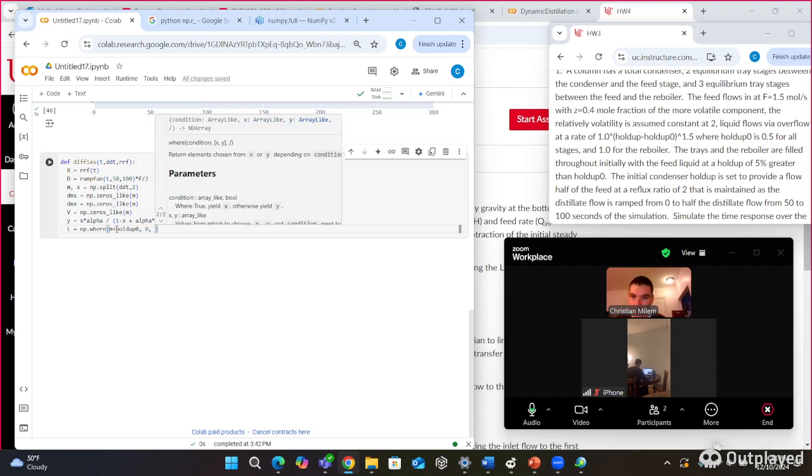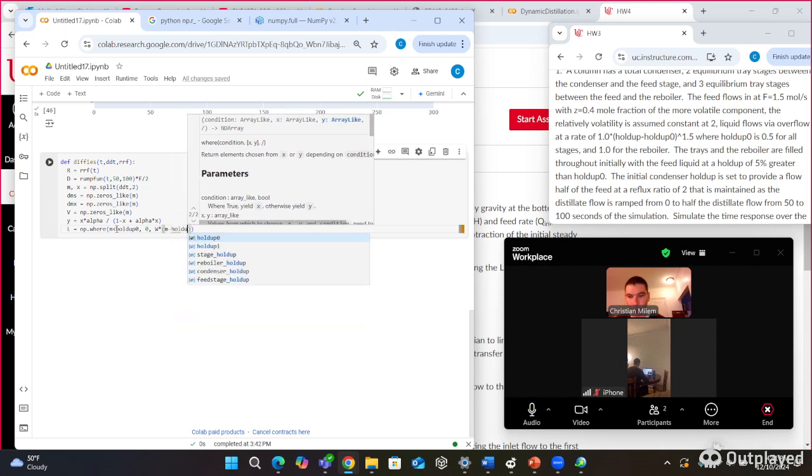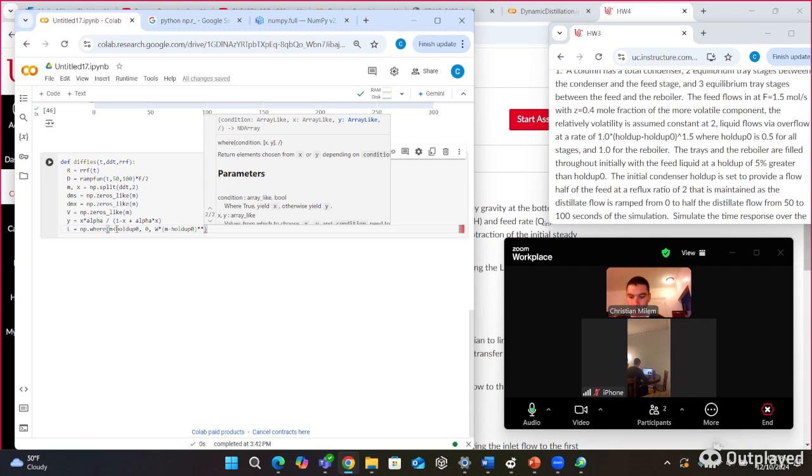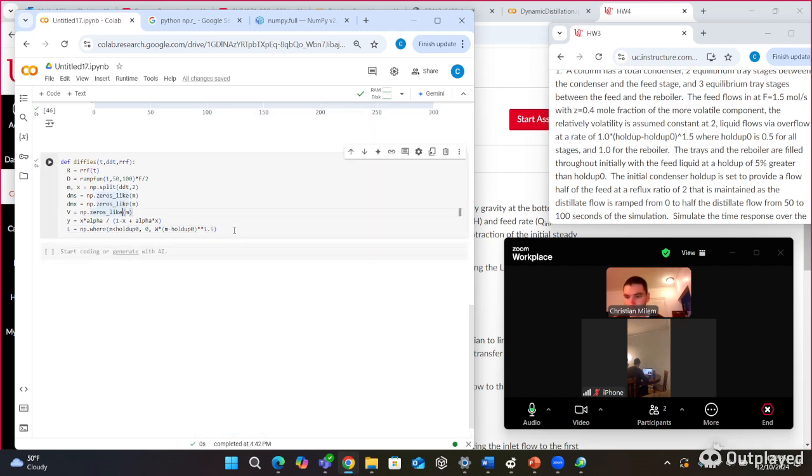Then it would just be the Weir equation: W times holdup minus holdup 0, raised to 1.5. Okay, I think I inserted that correctly.